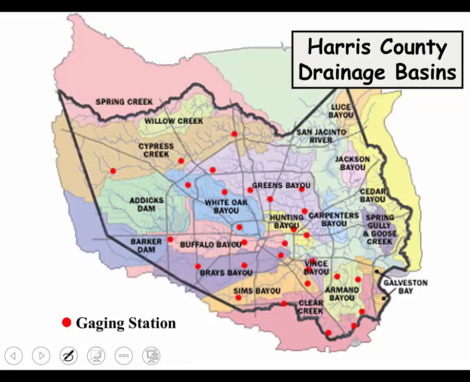Okay, so that's how we are going to define them, and we'll monitor those subbasins by a series of gauging stations. So we've got gauging stations all over the Harris County area, and there's actually more than these, that give us real-time information in terms of the water flow, the discharge, and the elevation in order to predict flooding.